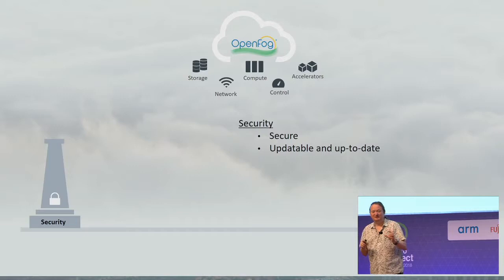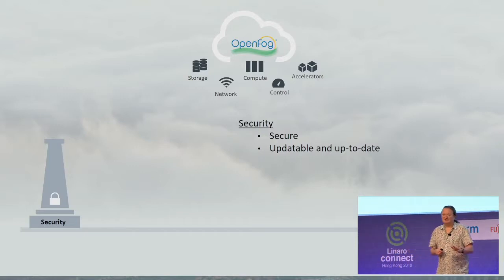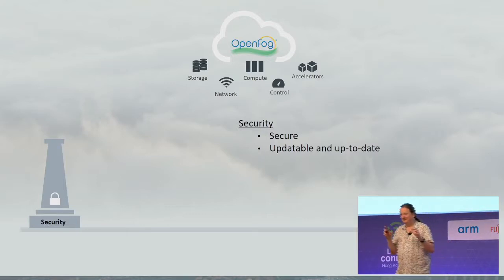So I'm going to look at a couple of these pillars. Always start with security. None of this makes sense if you don't have a security platform that you can trust. There are going to be gazillions of these things out in the field. So one of the basic tenets of security is updatability and being up to date.